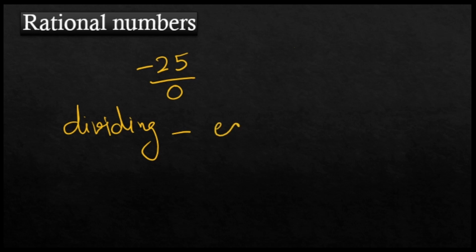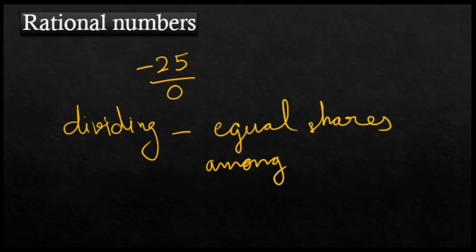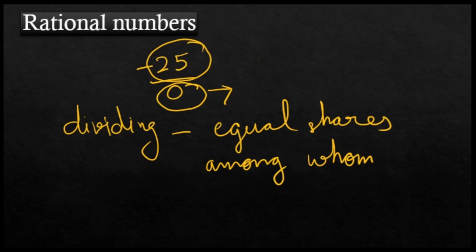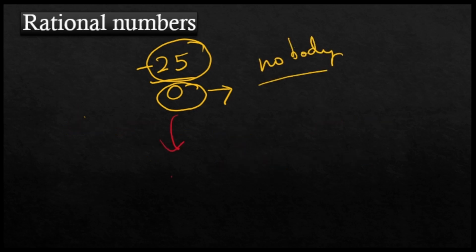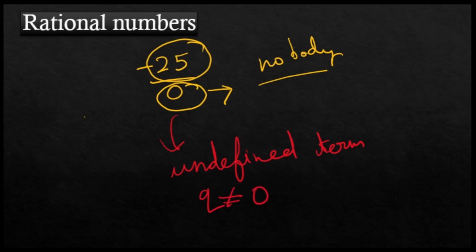Dividing means equal shares. Equal shares among whom? If I have 0 people here, among whom am I going to divide this number? No one. Hence this is an undefined term, and q cannot be equal to 0.